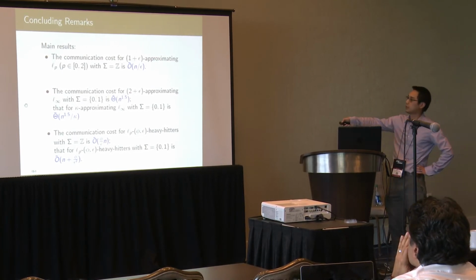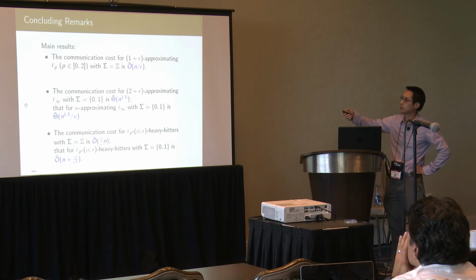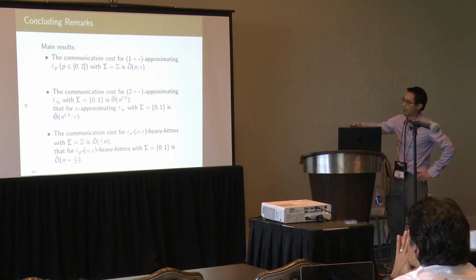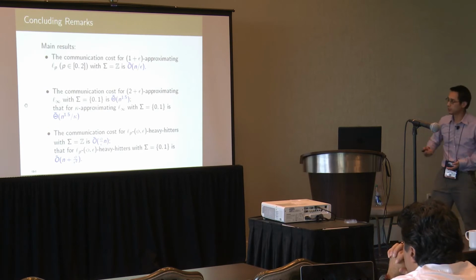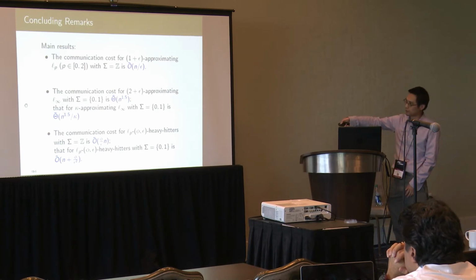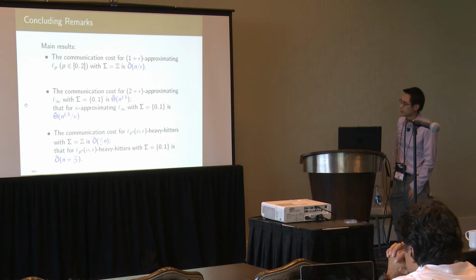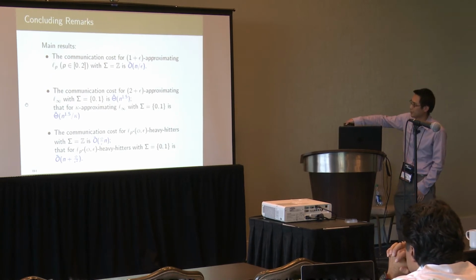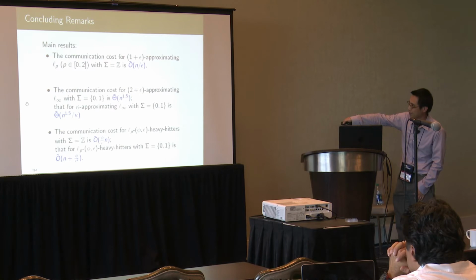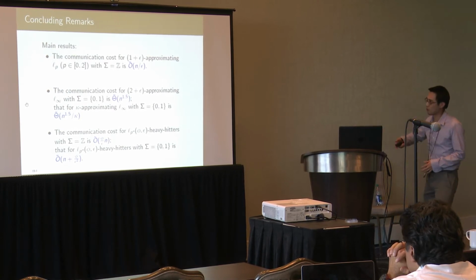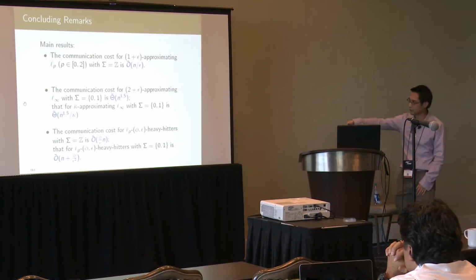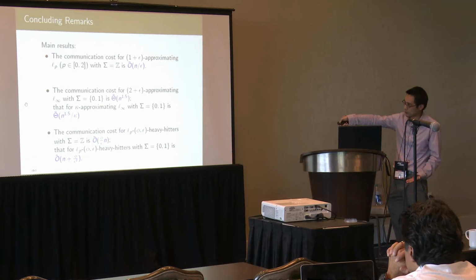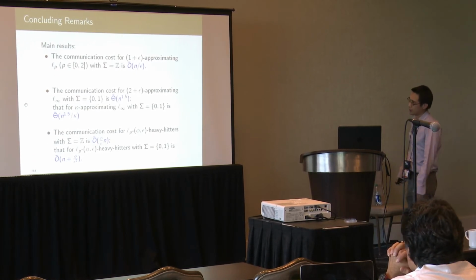And we got an algorithm for estimating the L infinity norm of C, and if the matrix is Boolean, then our communication is, I think I lost one over epsilon here, so it's n to the power 1.5 over epsilon, and for general approximation, this is just replaced by kappa.